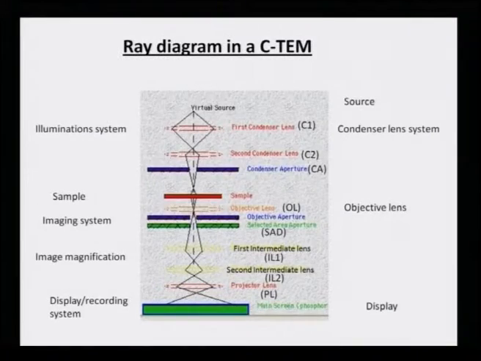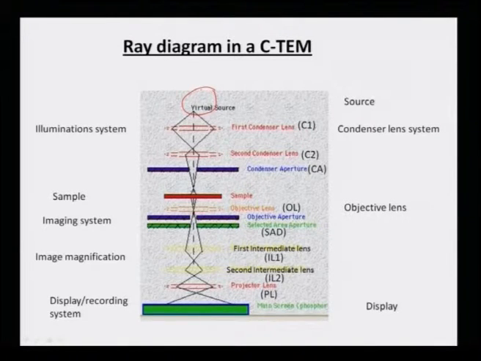If I describe this in terms of a simple ray diagram, it looks like the one shown in the slide. You have basically a source here. The source can be electron; we will discuss how different sources can be developed for the electron microscope also.